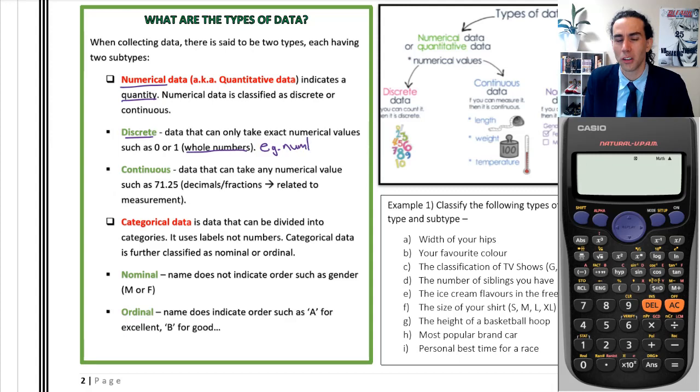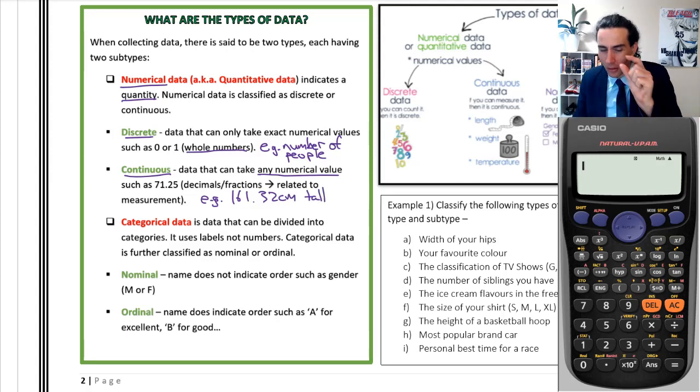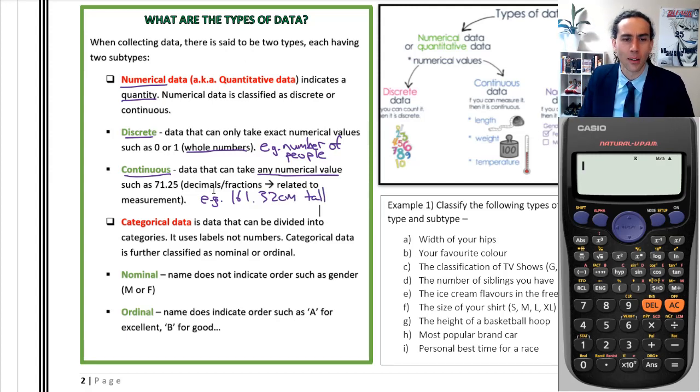You can't have 2.5 men. You can only have 2 or 3, that sort of thing. Continuous can have any value. E.g. a height. E.g. some person is 161.32 centimeters tall. If you measure, very hard to measure that precisely, but it can be done.